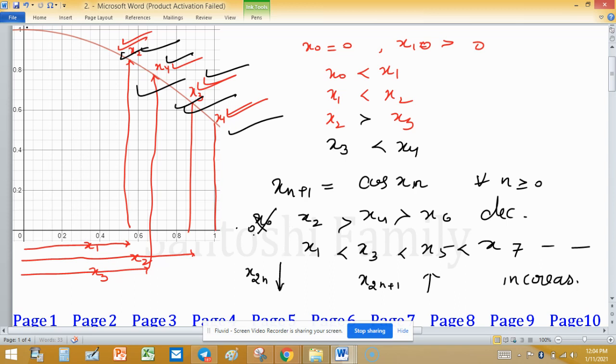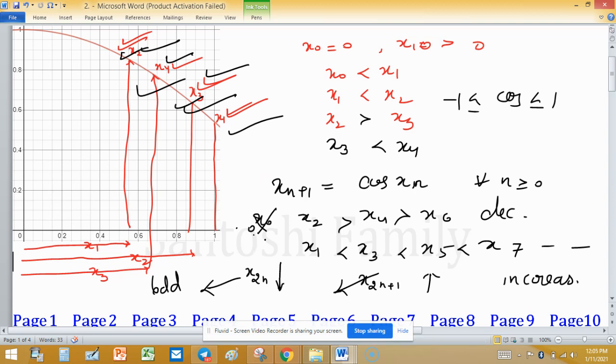Now you can see here all values of the cos function lie between 1 and minus 1, so it is bounded. So each subsequence, either this one or this one, is bounded and increasing or decreasing, so both sequences converge.